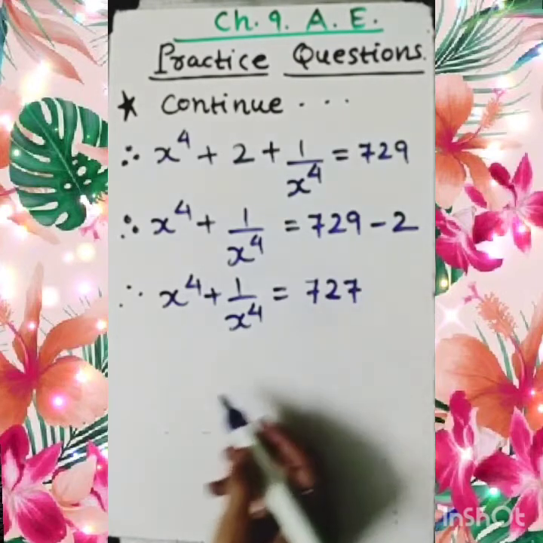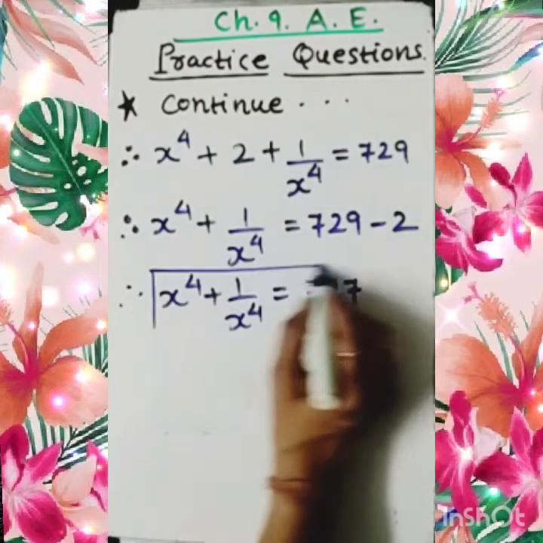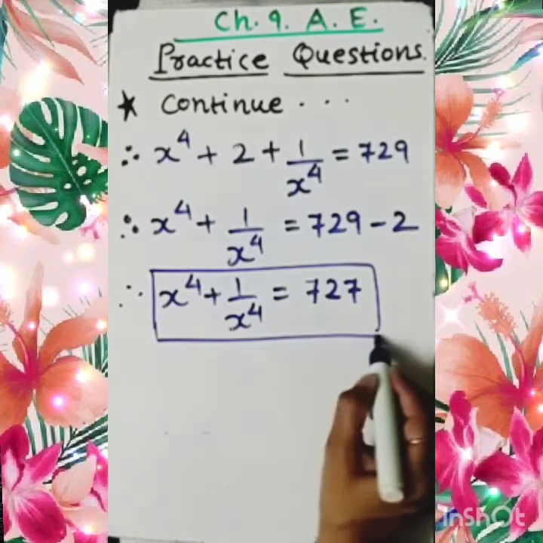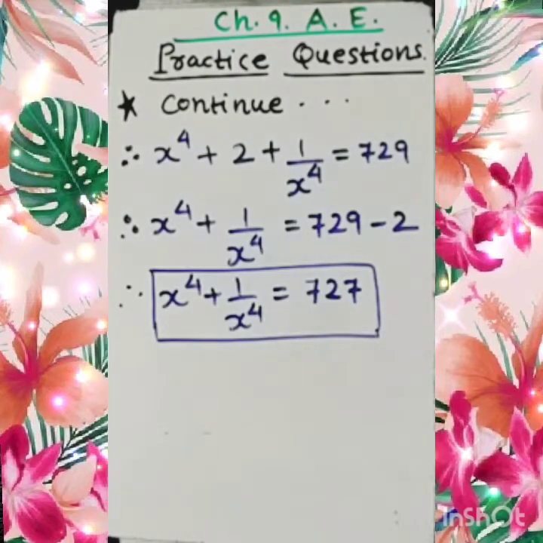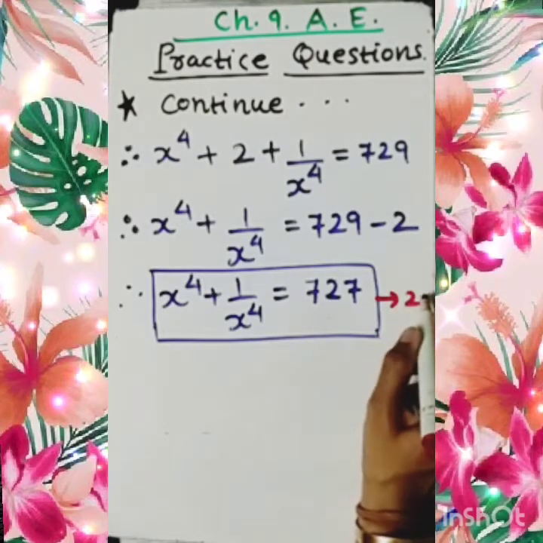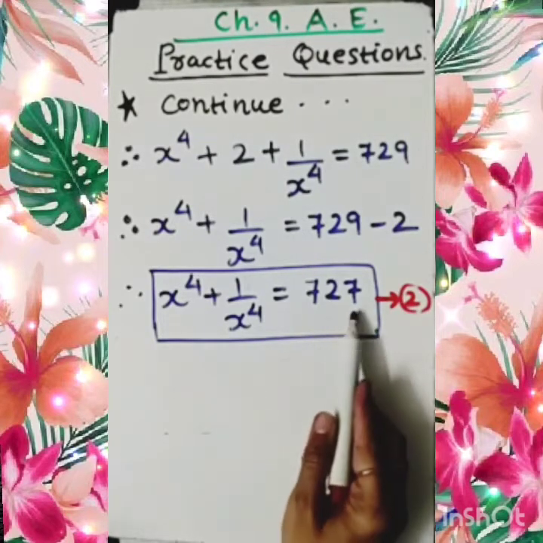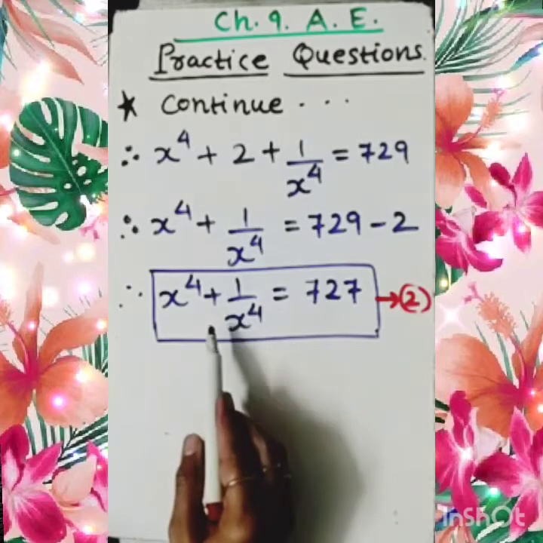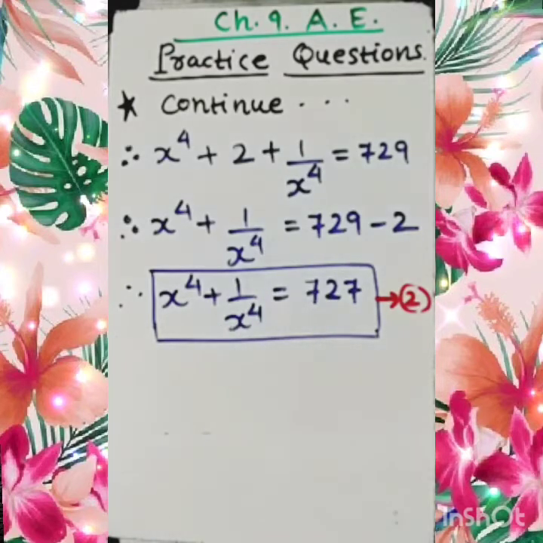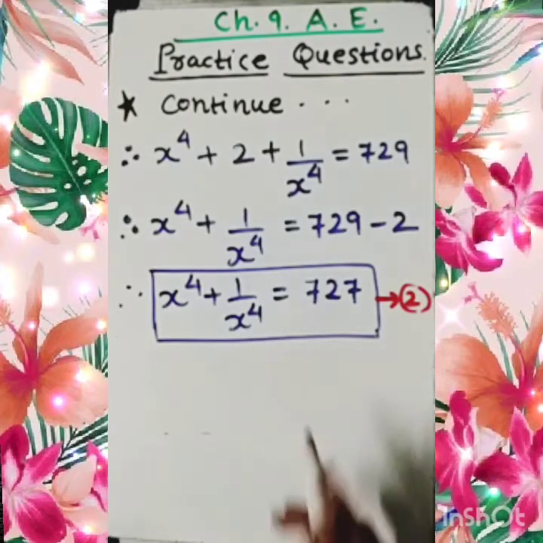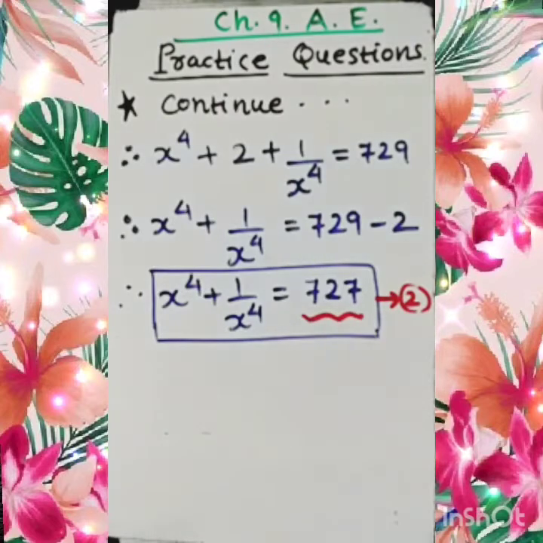So, dear student, this is the required result which we were asked in the second part of the question: find the value of x to the power 4 plus 1 upon x to the power 4. The answer is 727. I hope this question is also clear to you nicely.